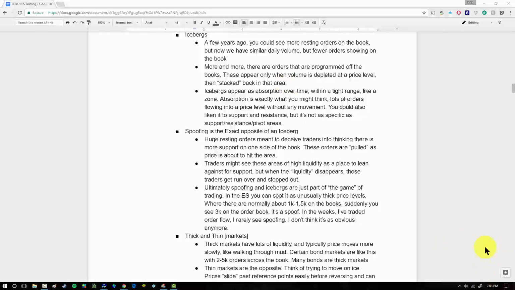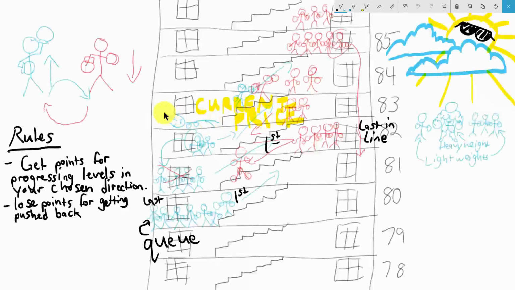So going back to the boxing analogy, an iceberg would be if you had a huge secret crowd of boxers. So this would be like the iceberg. They're down here, they're hiding in this floor.